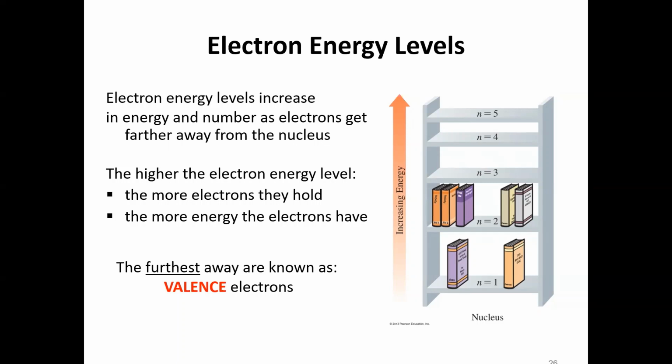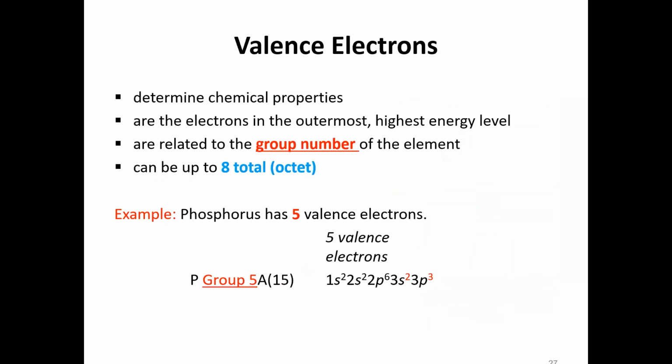So the furthest away electrons in that outermost shell are known as valence electrons. That's really the key concept I want you to know: the outermost shell of electrons are known as valence electrons, and the valence electrons are going to eventually equal what we call the group number.